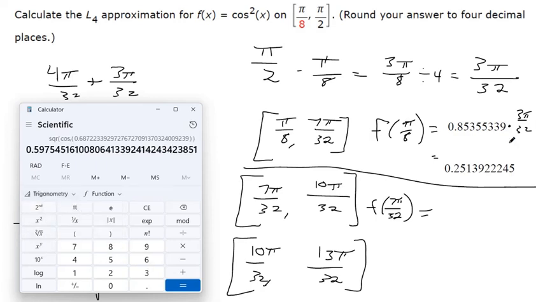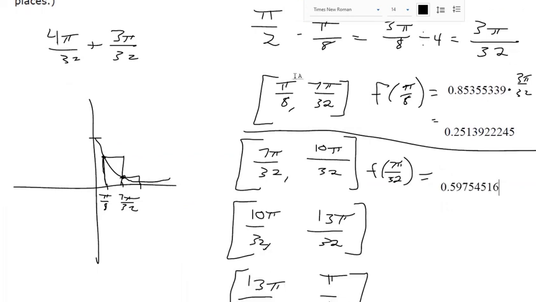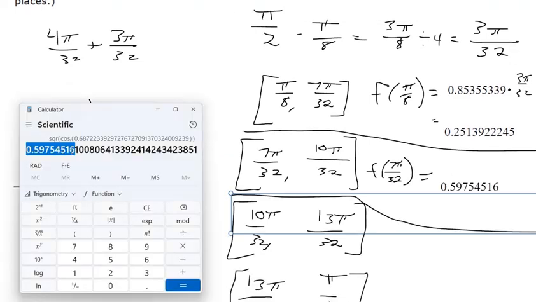And then while I'm here, I'm just going to calculate the entire area. Well, I wrote out the notation, so let me put that there. So the area of the second rectangle is the height of that rectangle times the width, 3 pi over 32. Okay, so for the next rectangle, this is what I got.